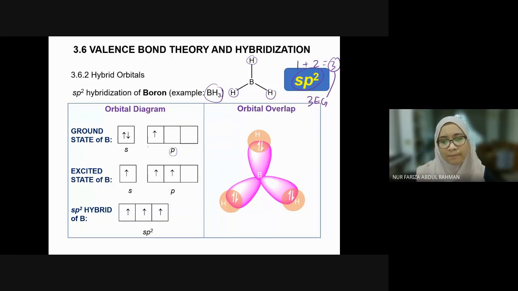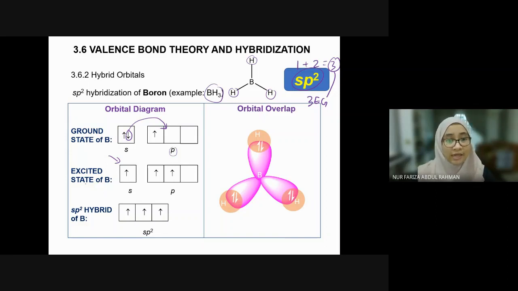Okay, boron has only 1 unpaired electron. So how do we prepare boron's valence electrons so that all of them should be single electrons ataupun unpaired electrons? Okay, first you need to be promoted dulu, excited. Okay, alright. So this one will be excited into the p orbital and becoming this. Nampak tak? So ada 3 unpaired electrons.